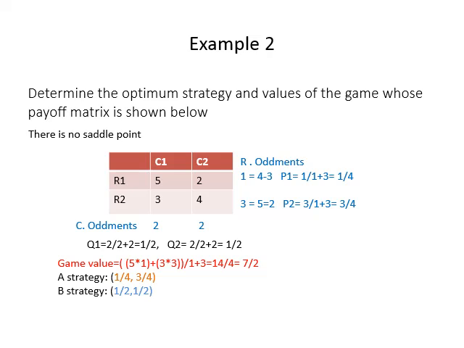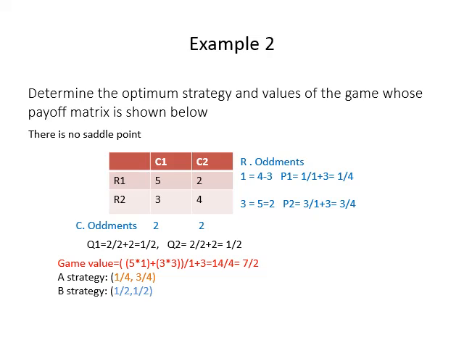For player B, or column oddments, the oddment of C1 equals the difference between the values of C2: 4 minus 2 equal 2, and the oddment of C2 equals the difference between the values of C1: 5 minus 3 equal 2.